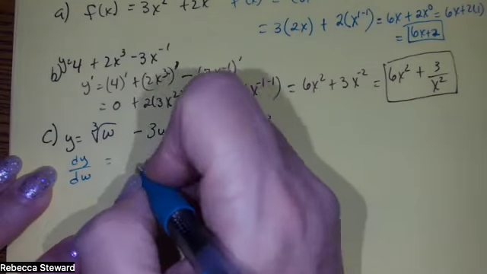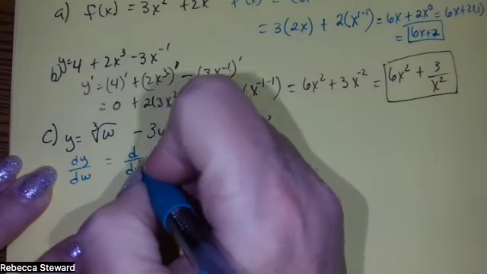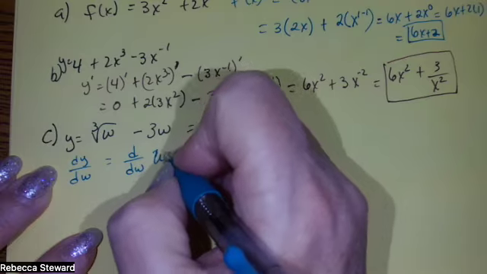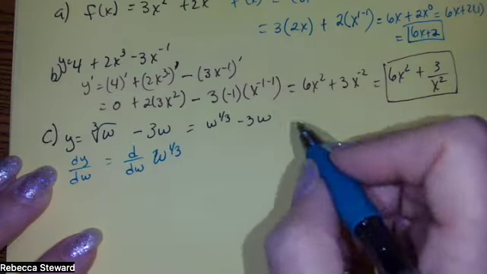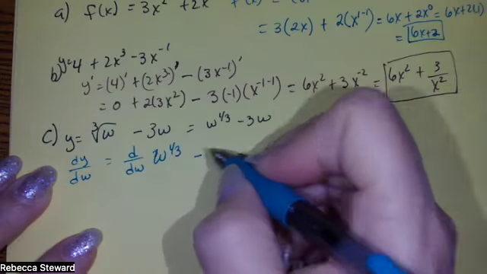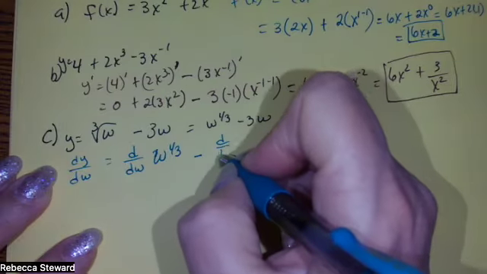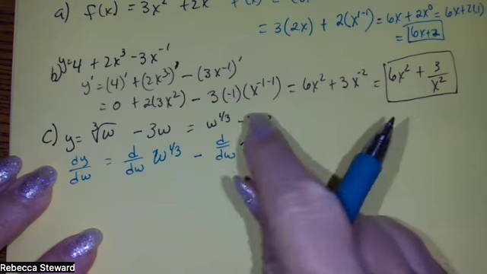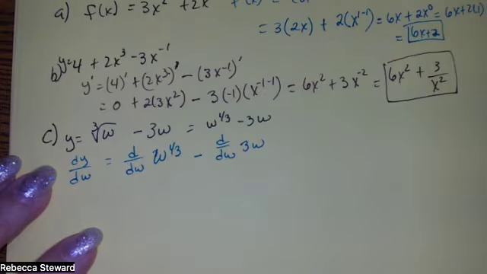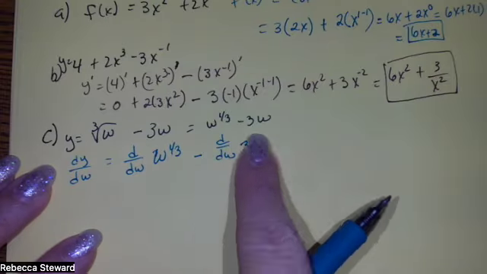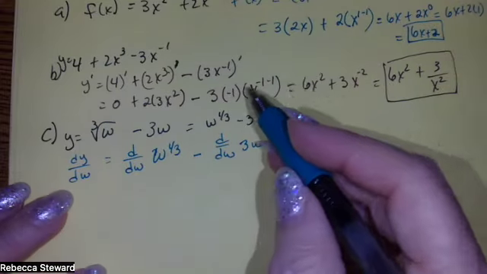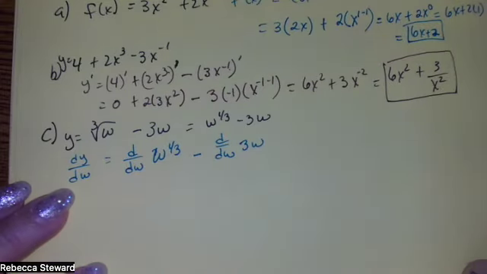If you prefer, you can write this as d dw of our w to the 1/3 minus, because it's a minus sign, d dw of 3w. So that means we're going to subtract our two derivatives. So you can do it with the little prime guys, or you can do it this way, whichever you prefer.